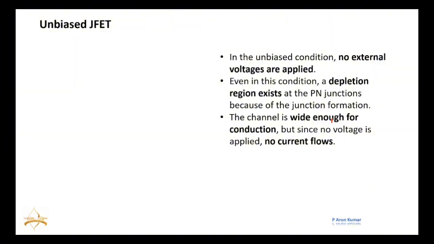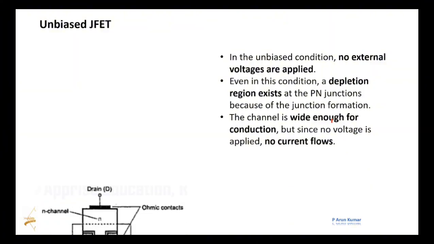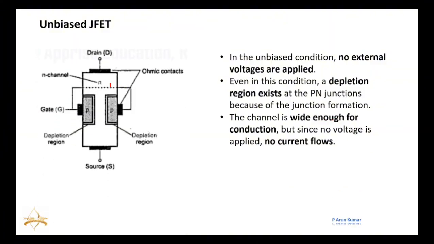Now the next one: how will this JFET look? Whenever there are two regions, n-type and p-type, in between these two we can see some depletion region. We already know this, right? Whenever there is a p-type and n-type, there is formation of a depletion region between the two.